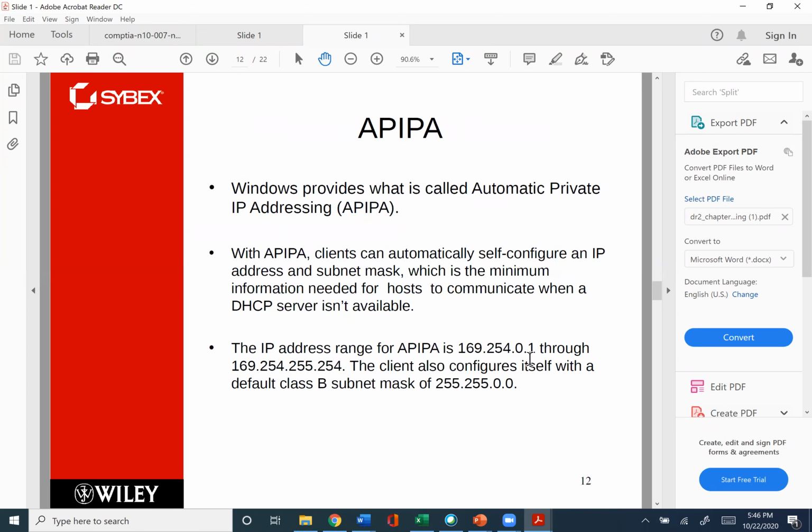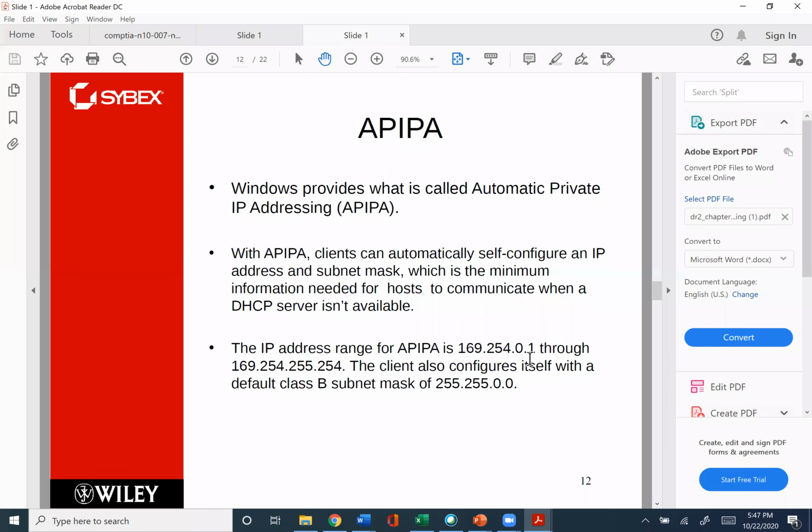Now we're gonna talk a little bit about APIPA, our biggest friend. We've talked enough about it, but APIPA is basically whenever your DHCP is not working, and you're not assigning a private IP.